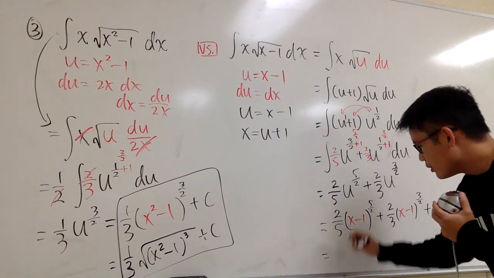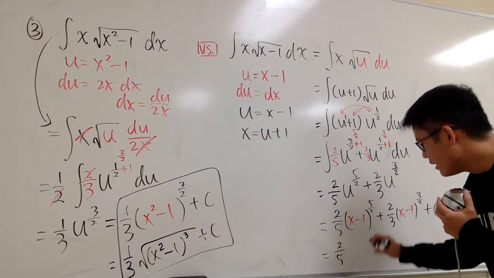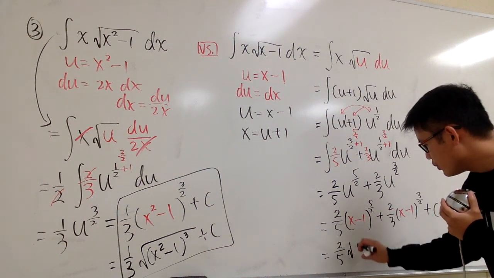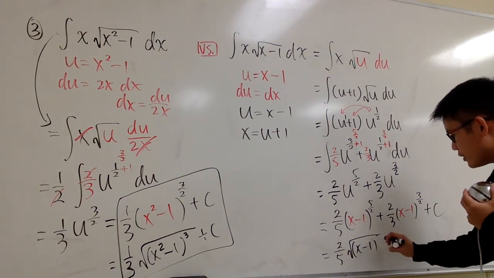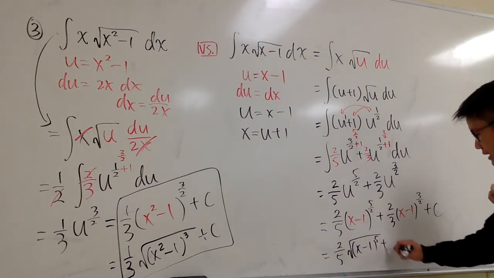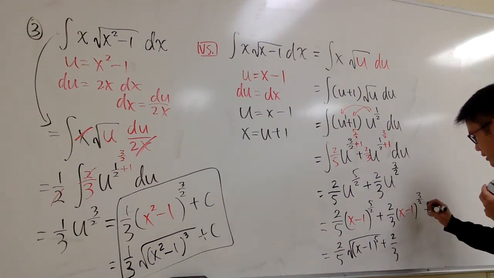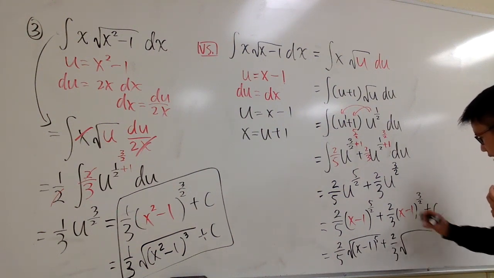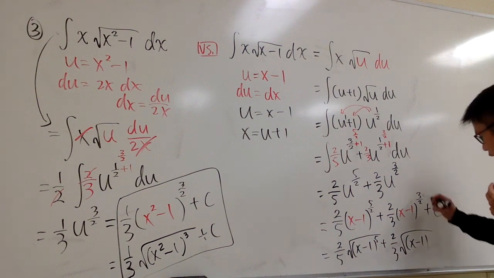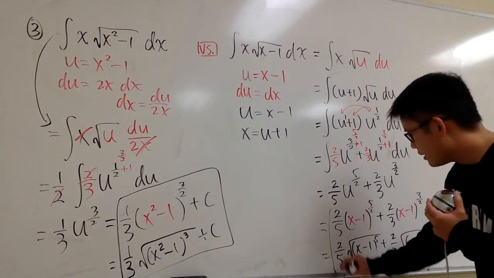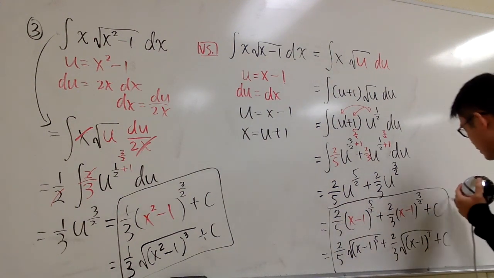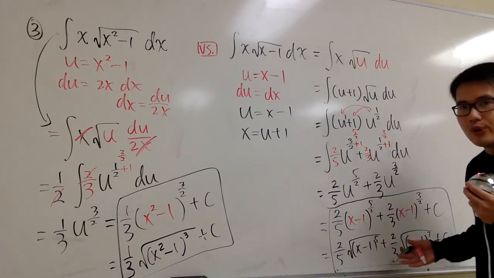So this is going to be 2 over 5, I will write this as a square root x minus 1 in the parentheses, and then raised to the 5th power, and then plus 2/3. The half power is the square root, and then the x minus 1 raised to the 3rd power, and plus C. So either way, use whichever one you want to present your answer.